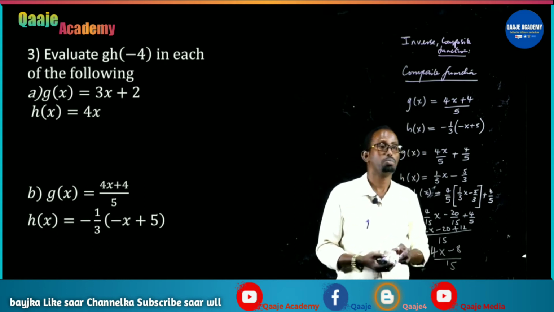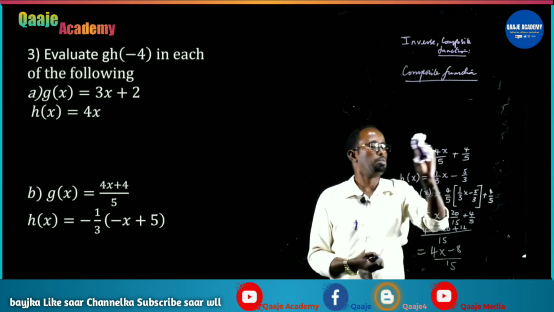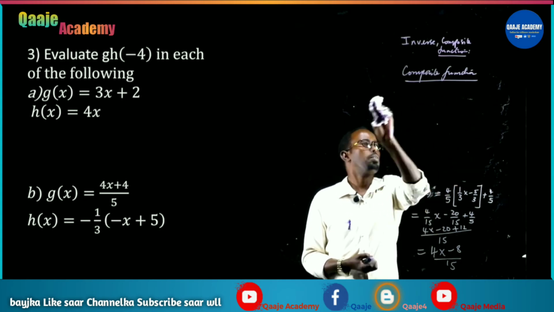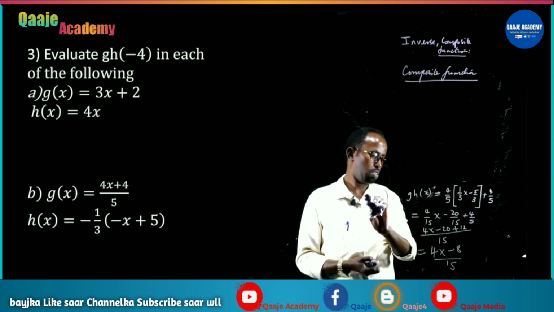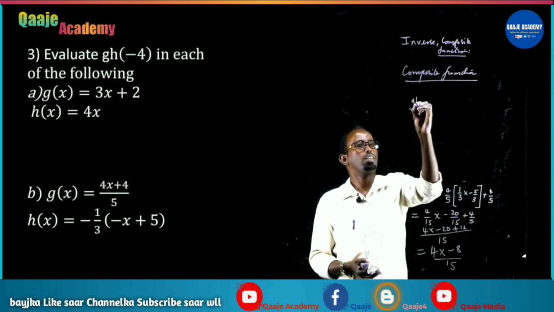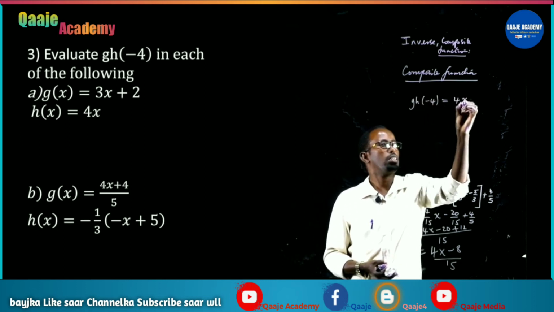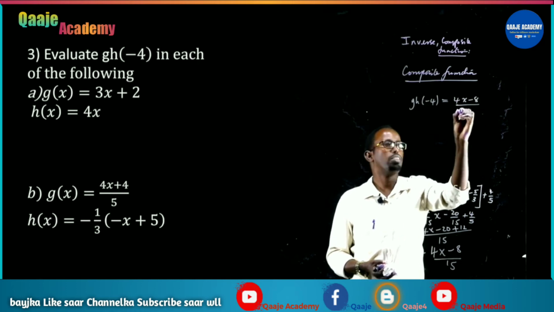Then we are told to substitute x with minus 4. Gh of minus 4. We know gh is (4x minus 8) divided by 15.